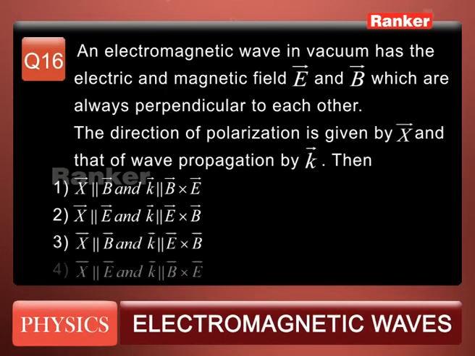Question number 16. An electromagnetic wave in vacuum has the electric and magnetic fields E and B, which are always perpendicular to each other. The direction of polarization is given by X, and the direction of wave propagation is given by K cap.